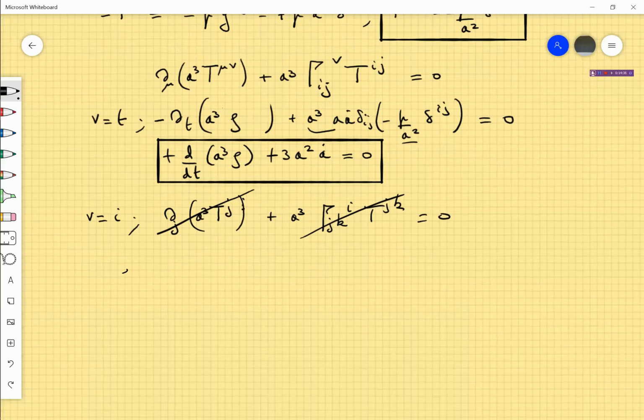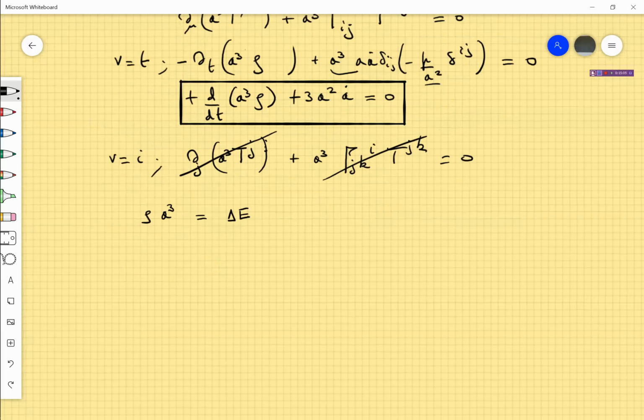Remember that rho is the energy density, and clearly the spatial volume at time t is given by a cube. Okay, so this you can write as the amount of energy which is contained in this volume of size a.